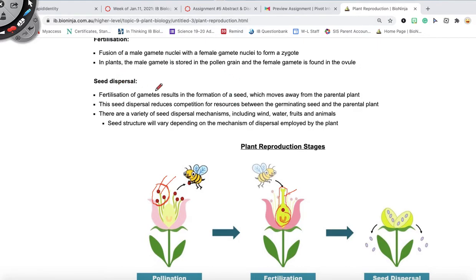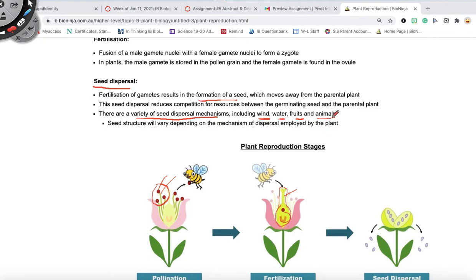So then after fertilization of the egg happens, a seed forms. So you have a formation of a seed, and the seed needs to be dispersed. And it's better that the seed gets dispersed far away from the parent plant to avoid competition for the same resources. So there's a variety of seed dispersal mechanisms that includes wind, water, fruits, and animals.